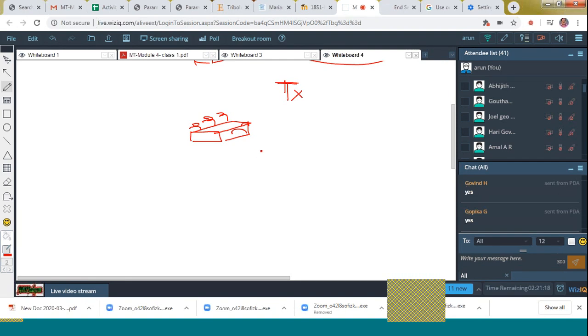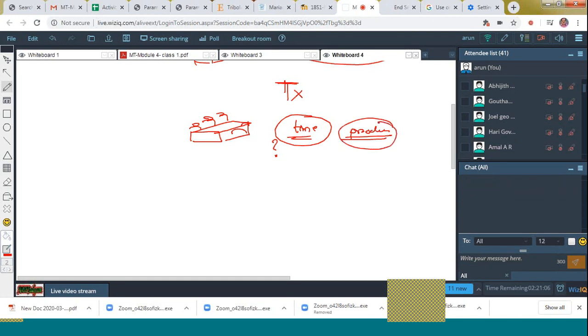What shall be the problem? It consumes, yes, right. It consumes more time, right? So the productivity will come down. So the next term is the productivity. How can I increase the productivity? Yes, the time taken should be minimized.